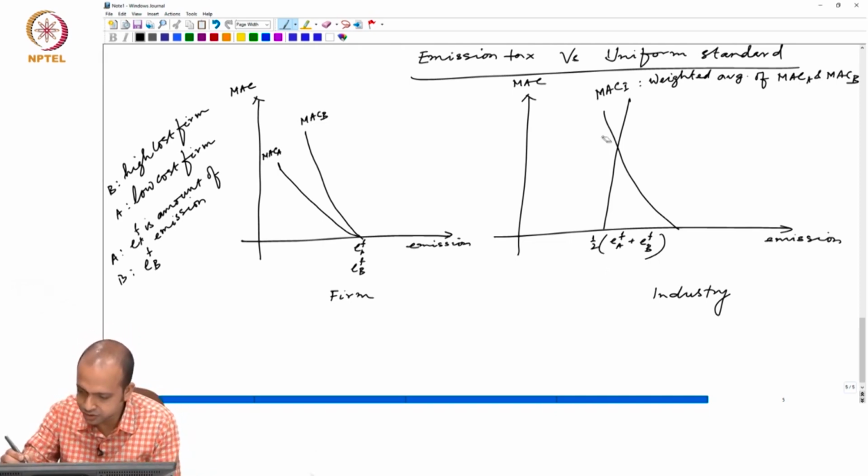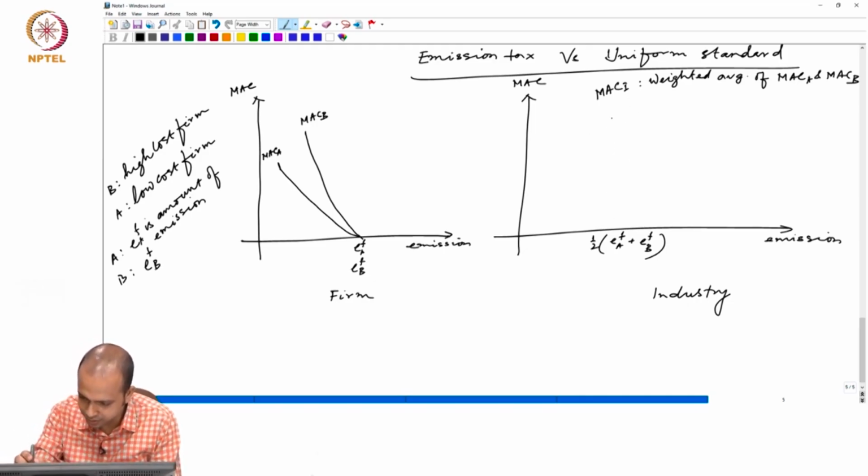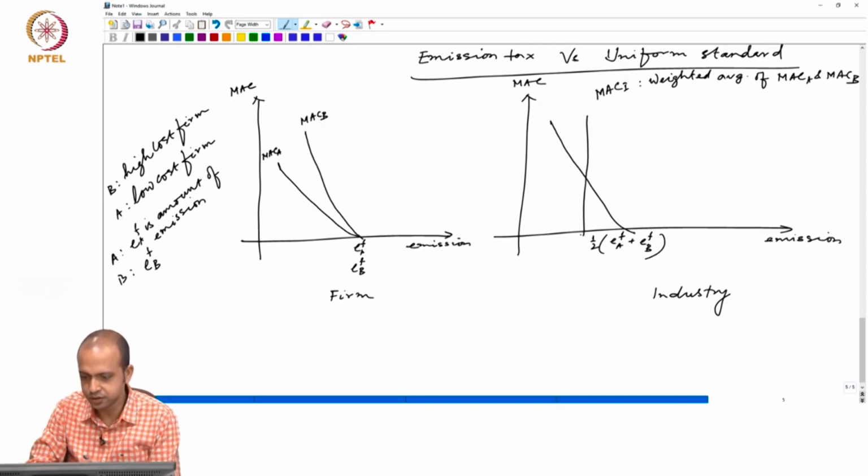Sorry, I will draw this diagram a little differently. Instead of this, let us say that, and yeah, this is the amount.